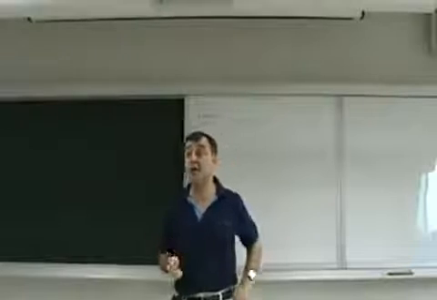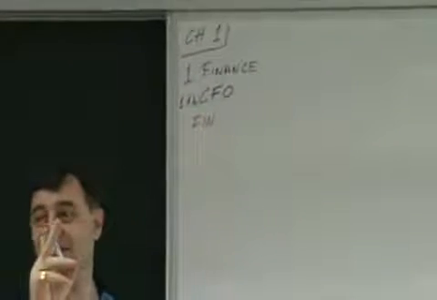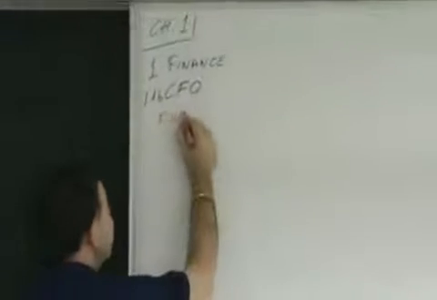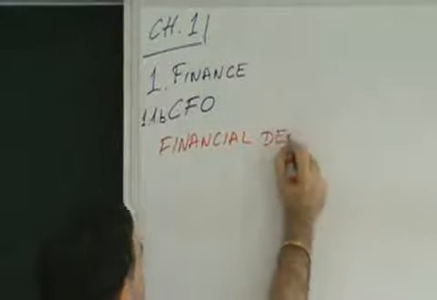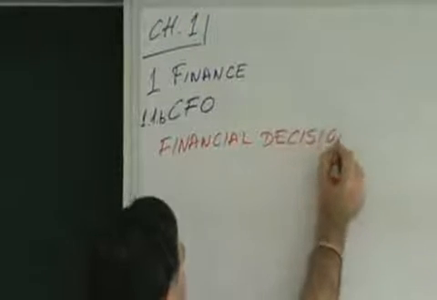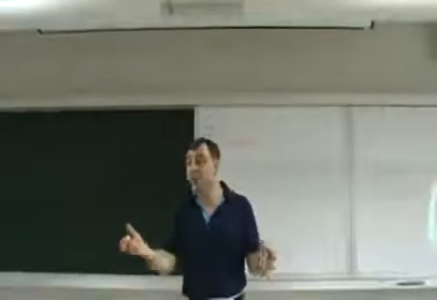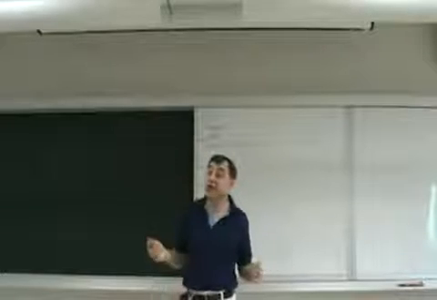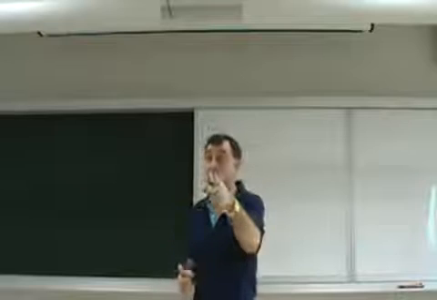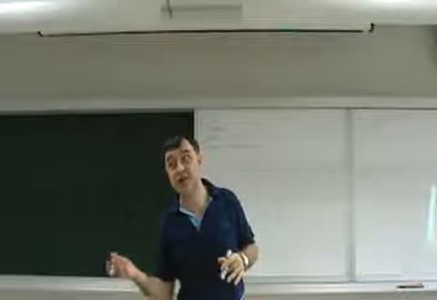So, now we need to say what is a financial decision. Yeah, I got a brand new red color. So, to write financial decision. And a financial decision is a decision about money. To buy or not to buy. To buy a house is a financial decision. To buy this little Sony camera with which we record is a financial decision.